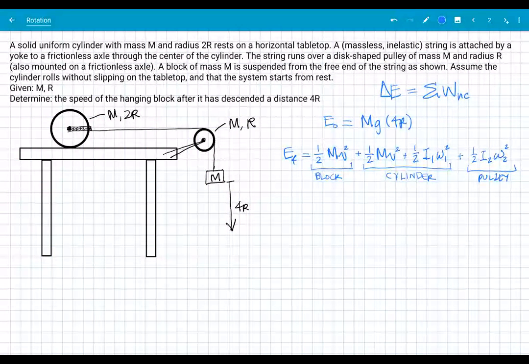Now we're told that the cylinder is a solid uniform cylinder. So I can figure out that I1 for the cylinder is, and I can look that up in the table of inertias for different shapes, 1/2 mr squared. Now the radius here is 2R.